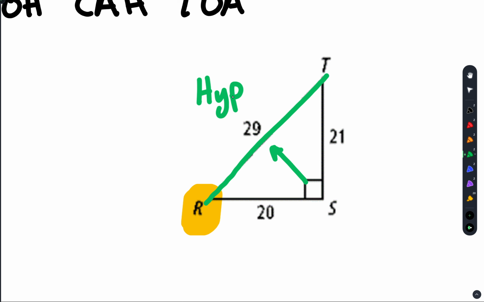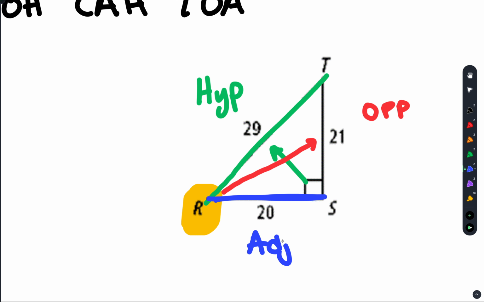Then I have to look specifically at the angle. Out of the two remaining sides, 21 and 20, which side is the opposite to R? 21. It's going across the triangle to 21, which leaves 20 as the adjacent, and I know this is the adjacent because it's right next to that angle R. If I was looking at a different angle, like angle T, these would not be the same.